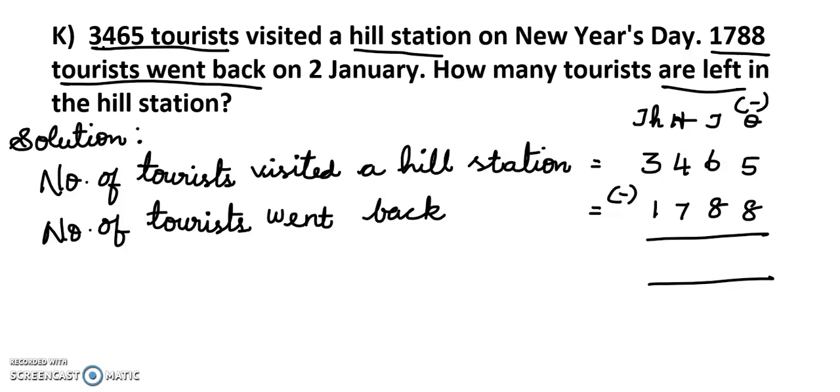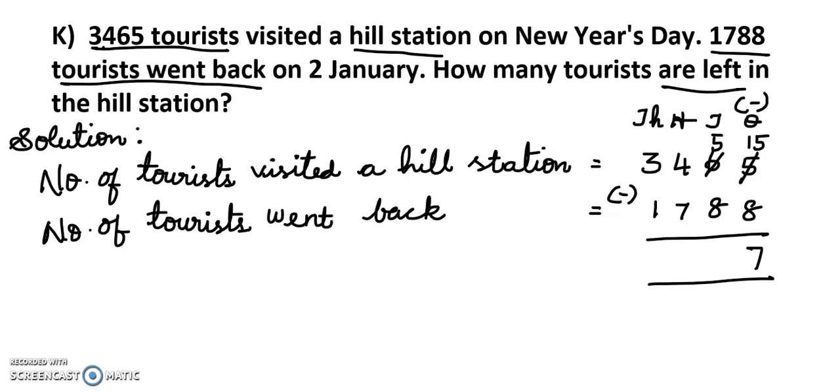No, we cannot subtract from 5. So what do we have to do? We have to borrow from the previous place. From 6 we are going to borrow. So 6 becomes 5, and 5 becomes 15. Now we can subtract 15 minus 8. We have to count up to 15. So 8 after: 9, 10, 11, 12, 13, 14, 15. So what is the answer?